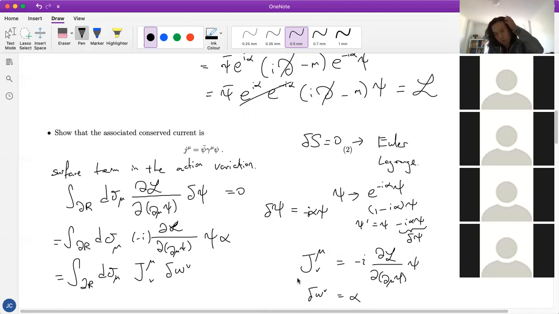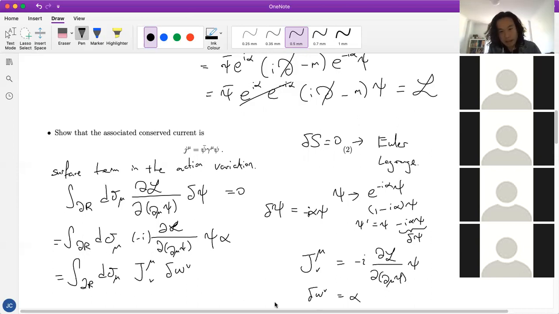It looks a bit weird, but the reason I do it this way is because in this case, we're only talking about variations in the field. So we're only modifying the field with some gauge transformation. But in general, this argument works even when you're doing some space-time Lorentz transformation.